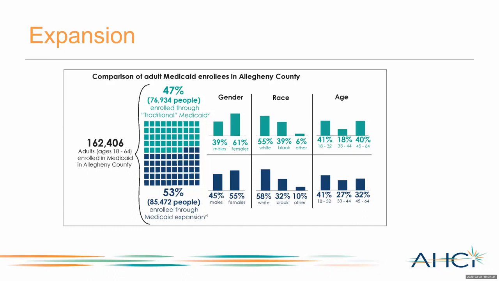So this was just a little chart that I threw together that since Medicaid expansion, the enrollment is actually higher than traditional Medicaid. So it was quite a significant impact on our system and continues to be.